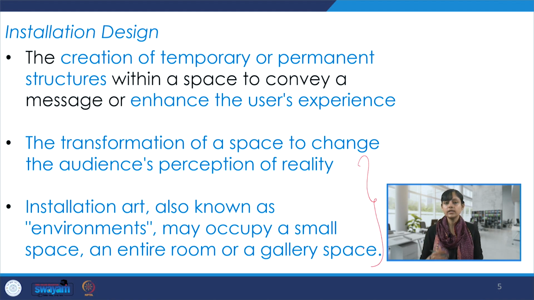So there is a lot that can be discussed, focusing on what installations are and what the history is. But I'm just keeping it as a mere introduction, and I would like to focus on some of the interesting examples when we talk about installation design.